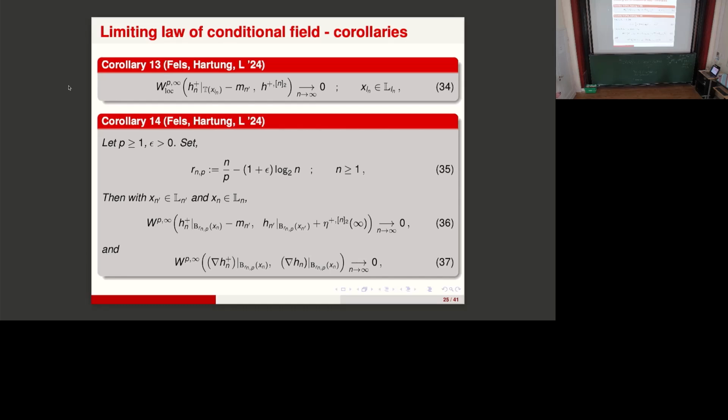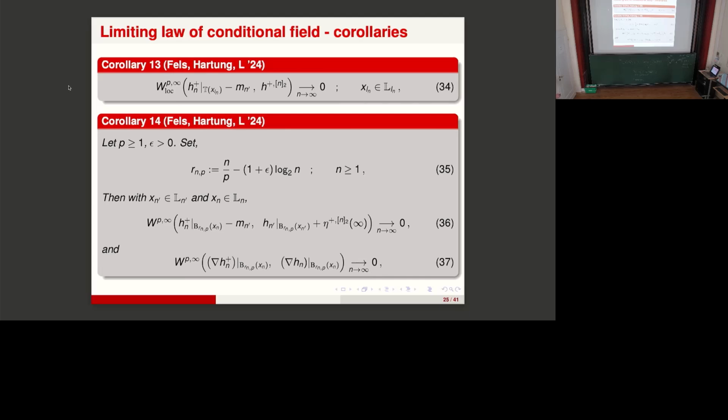If you take a neighborhood of size n over p minus a logarithmic correction, so if p is equal to 1, if you're only interested in the Wasserstein 1 metric, then it's almost the entire tree, it's almost diameter n. If you want higher p, you pay linearly.